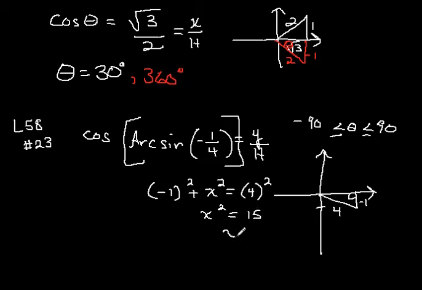So our x value is the square root of 15. And then if we want to find the cosine of it, it would be adjacent, which is the square root of 15, over our hypotenuse, which is 4. And that's the final answer to that one.